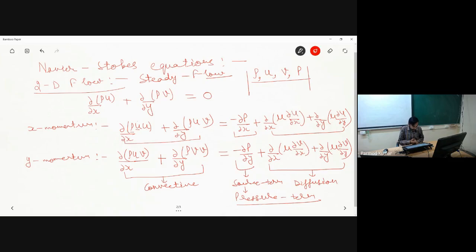Okay, and out of these you can see u and v, and moreover rho also, these three are appearing in each of the equations. So u, rho and v are in the x momentum, y momentum as well as in the continuity equation.